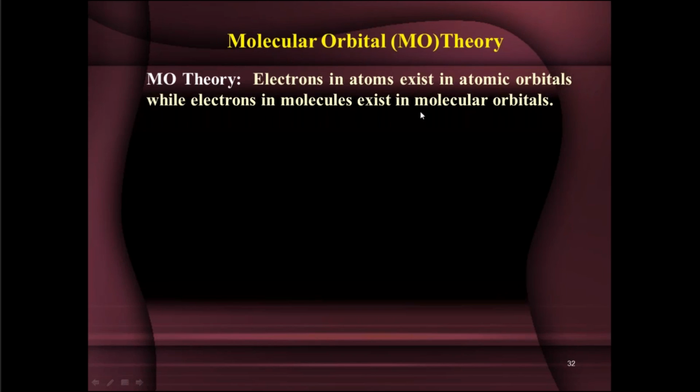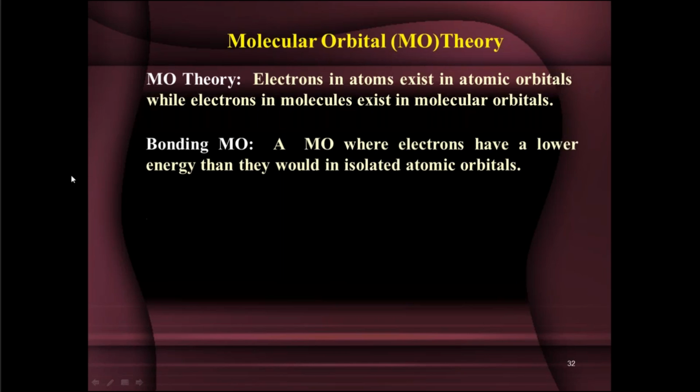Before we go into absorption spectroscopy, we will just look at the molecular orbital theory. What does this theory state? It states that electrons in atoms exist in atomic orbitals, while electrons in molecules exist in molecular orbitals. What is a bonding molecular orbital?